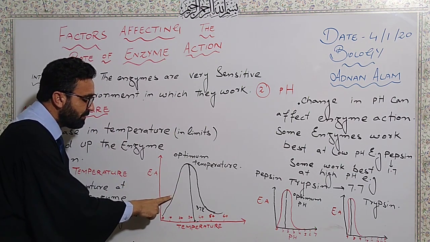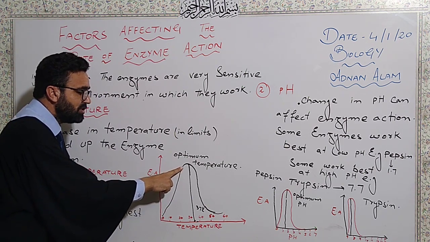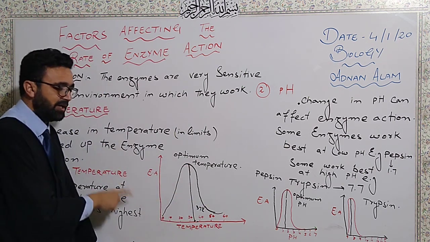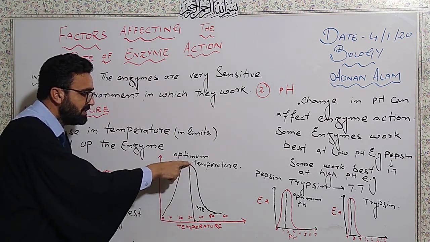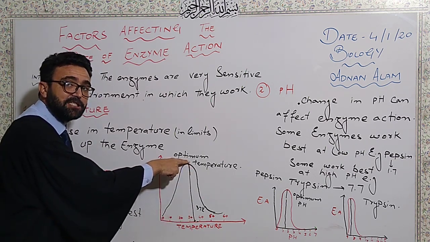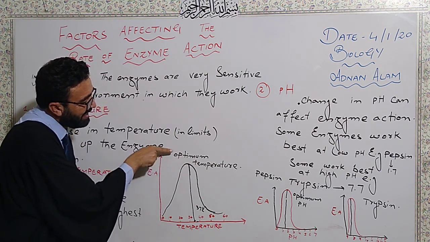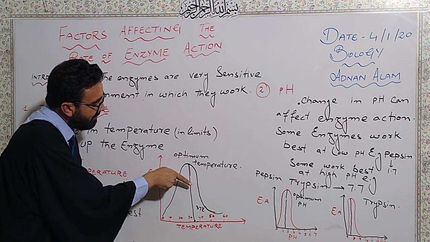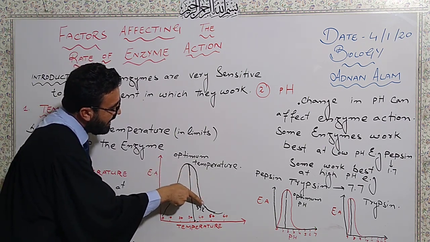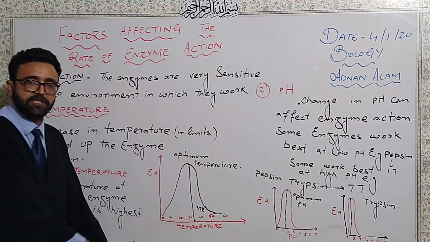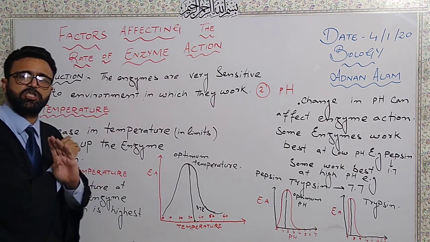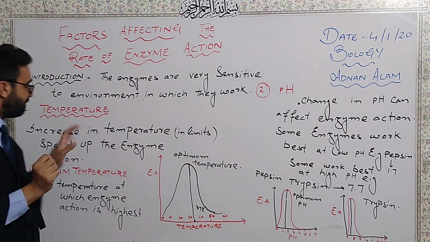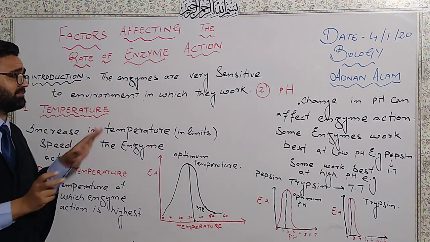As temperature increases, the rate of enzymatic activity increases, and at 37 degrees centigrade the enzymatic activity is at its peak. But if I enhance the temperature further, the rate decreases, and by 60 degrees centigrade the enzymatic activity ceases completely because all of the enzyme molecules are denatured.